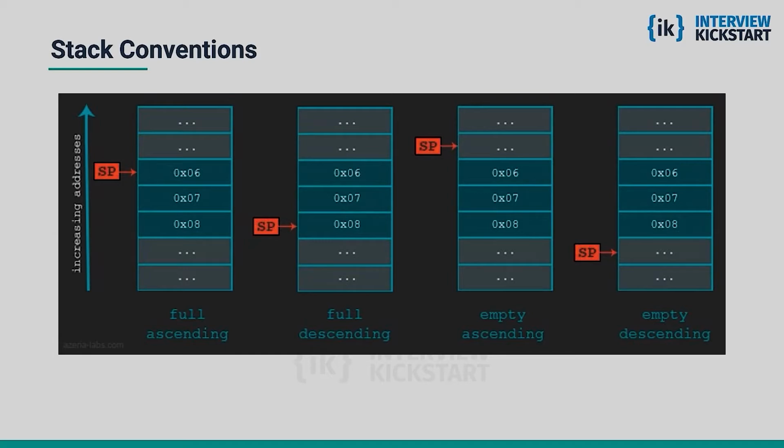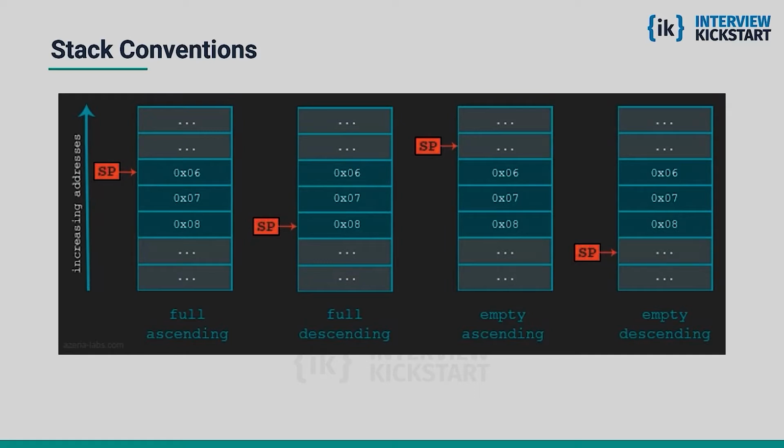Now the stack pointer is a variable that tracks the top of the stack, and the bottom of the stack is not tracked dynamically but is fixed, and is called the base of the stack. However, implementations of the stack data structure can differ in which direction it grows in terms of the memory address.